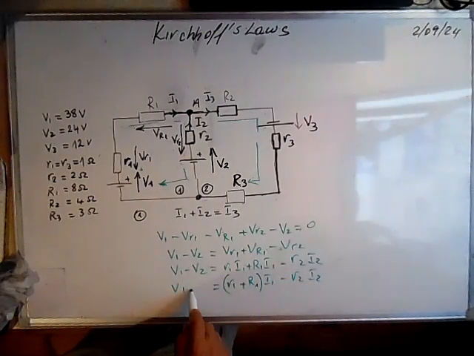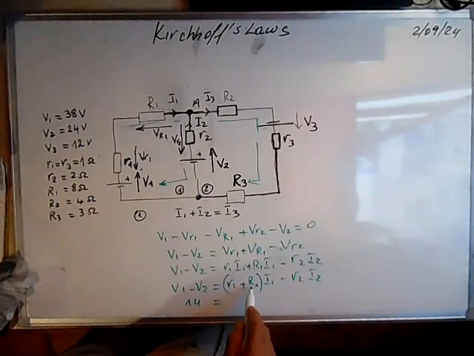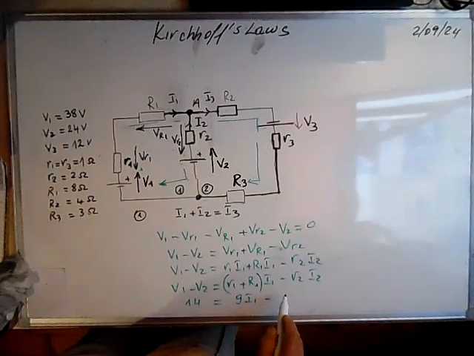So numerically we have V1 minus V2, 38 minus 24, 14. Small r1 is 1, plus this is 9, I1 minus R2 which is 2, I2.